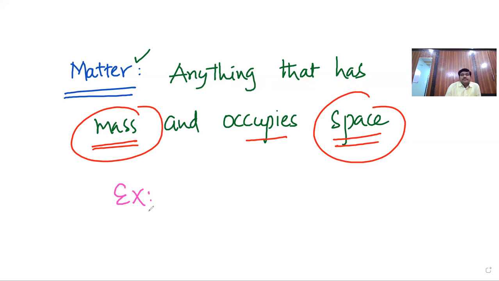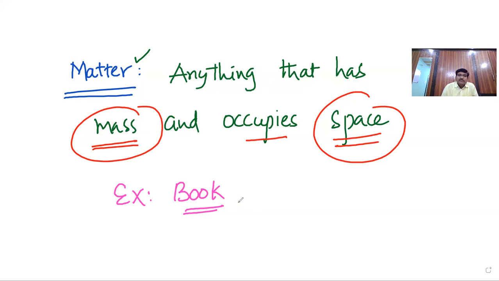Example, suppose a book is present. It has some mass, 2 kg or 3 kg, whatever it may be. It is also occupying some space, length, breadth, and height, a total volume. So mass and space, whatever it occupies, that is matter.